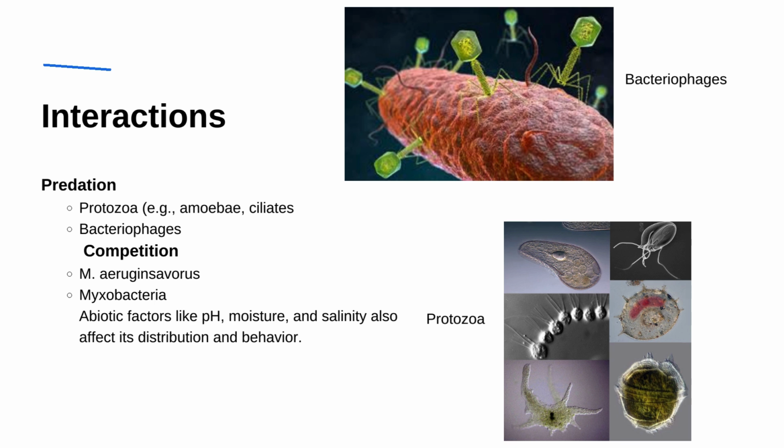They also try to get the upper hand, and Bdellovibrio tries to attack as fast as it can. Abiotic factors like pH, moisture, and salinity also affect its behavior, and they do disrupt how Bdellovibrio interacts with others.